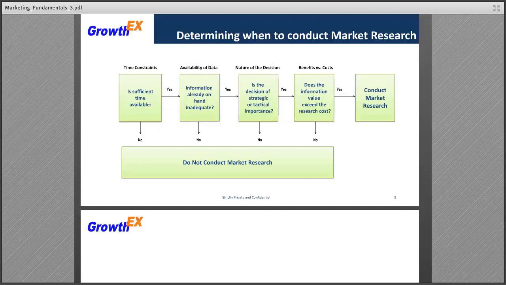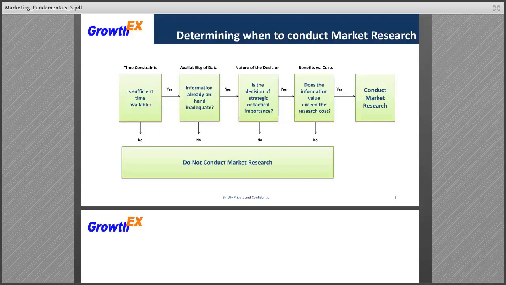Will the information which comes out of the market research have a value more than the cost which I am going to bear in conducting the market research process? If that value is higher than the cost, then I'll go ahead and conduct my market research. If it is not, I will not conduct it.